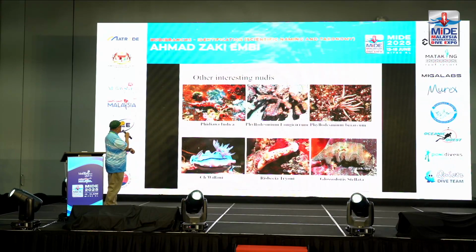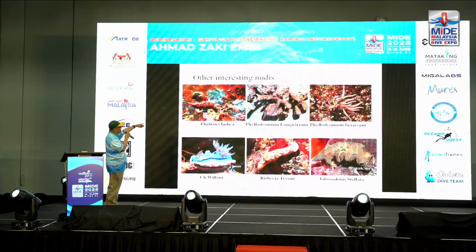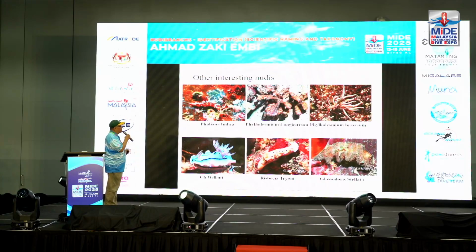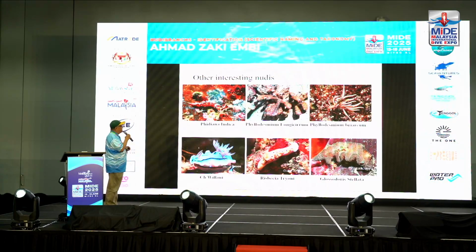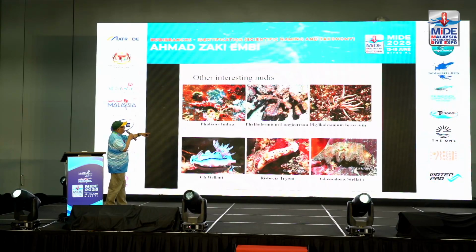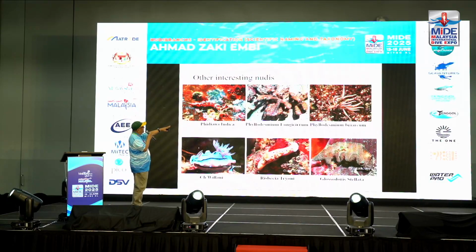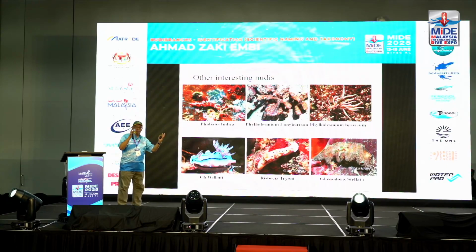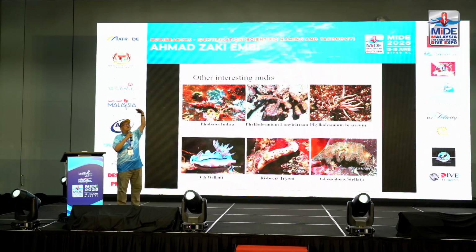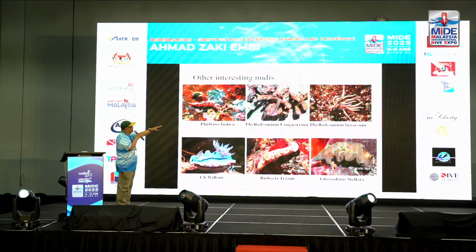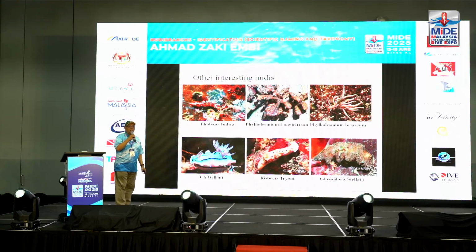Other interesting ones, bright red. These are usually on pillars. So you go jetties and all that, you find the Fidianas along the pillars of the jetty or seawall. The Longichurum actually looks like a coral, quite big and quite tall, and they're what they call solar nudibranchs.